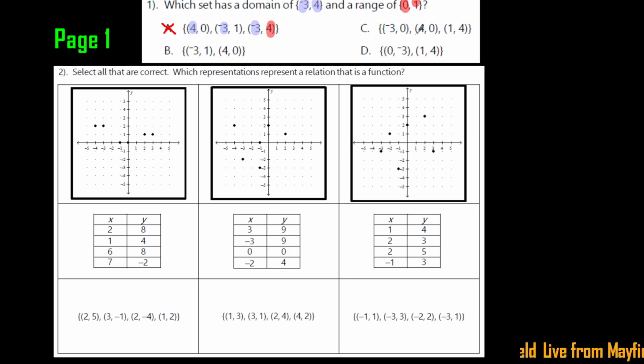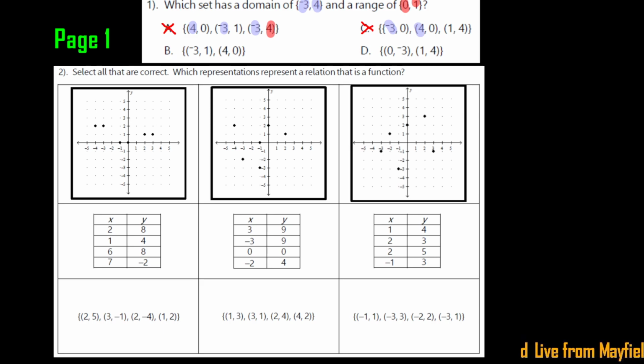For the second one, let's see what we have. We have -3, +4, and we have the same idea. We're going to have that 1. So since we have that 1 there, we know it can't be that one. We can cross that one out.